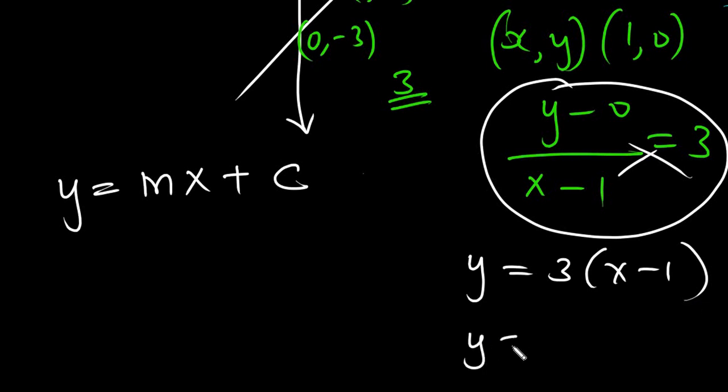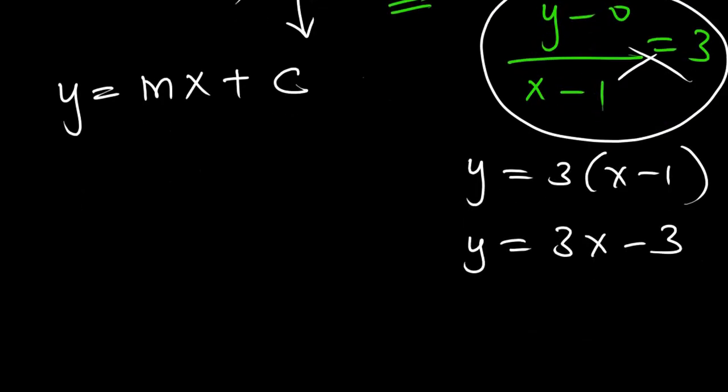So this is going to be y = 3x - 3, and you can see that now our equation resembles this one. y and x are variables, but m and c are constants. m represents the gradient.